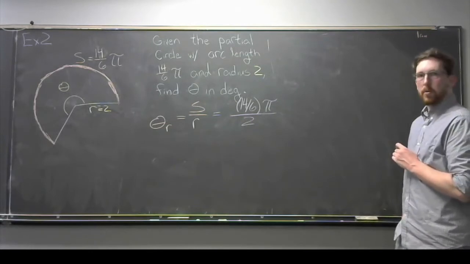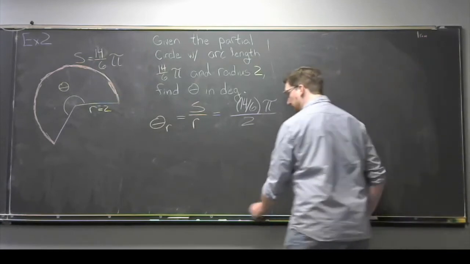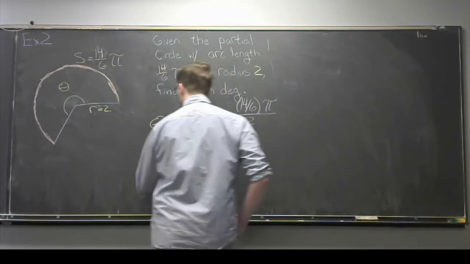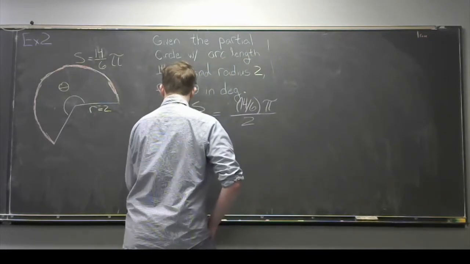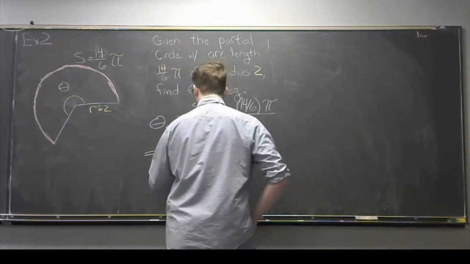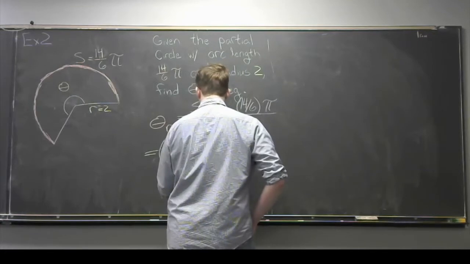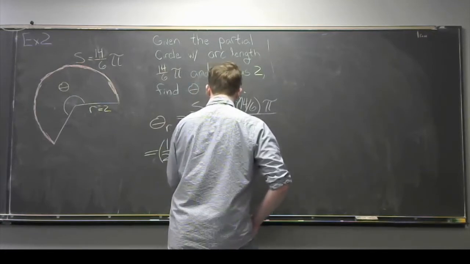We can break this up into two different fractions: 1/2 times 14 over 6 times pi.